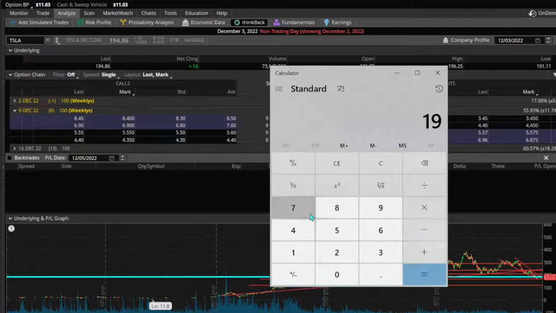So 194.86, and then we add that $11.74. That gives us 206.60. That is the top of the implied move, the higher end.